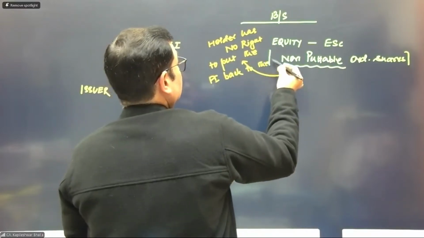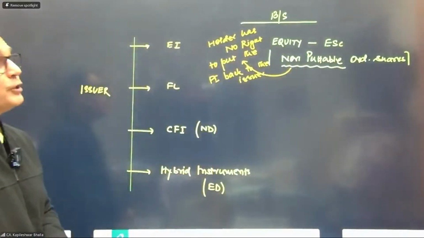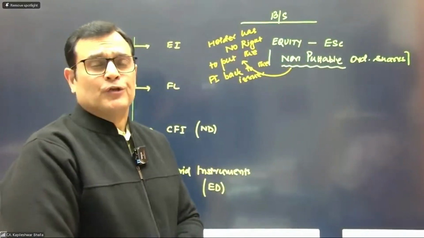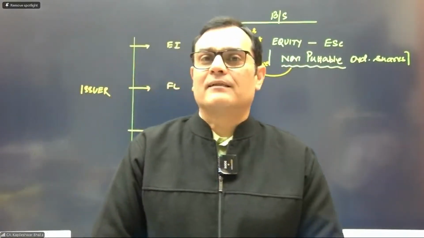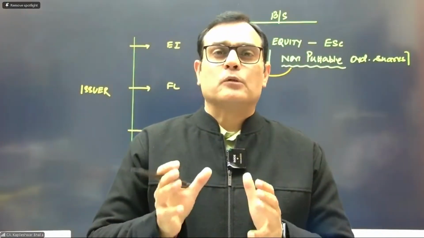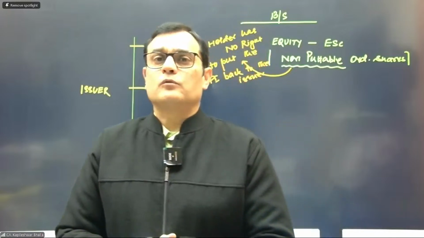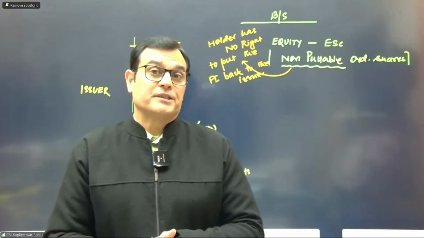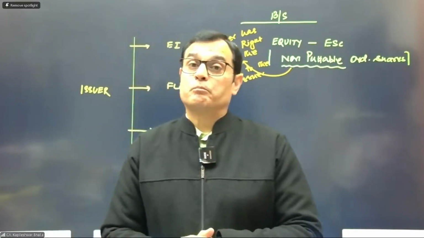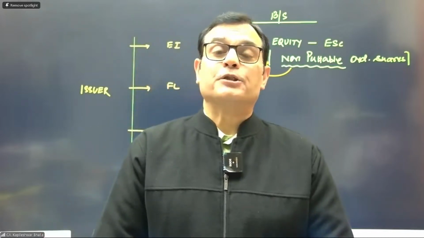He cannot put this instrument back to the issuer, so it is non-puttable in nature. This is something new which I've added early in the morning. I just wanted to make the point that there could be 2 kinds of ordinary shares: one which is puttable in nature and the other which is non-puttable in nature.